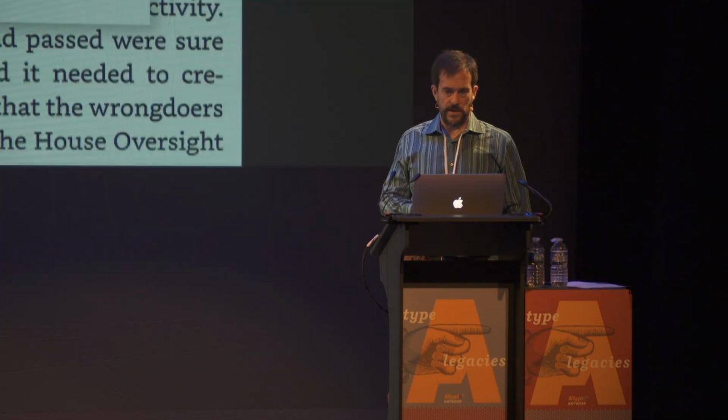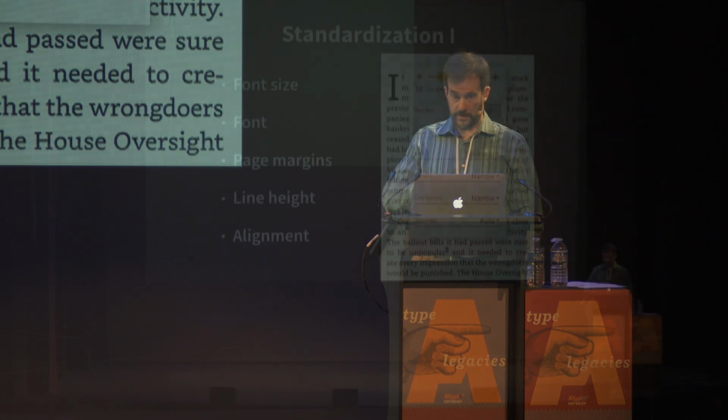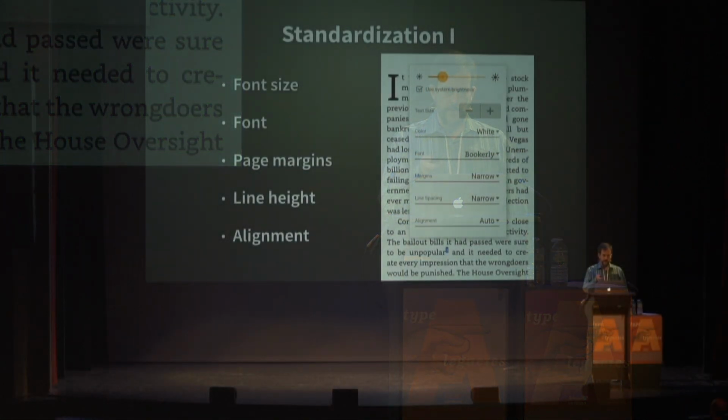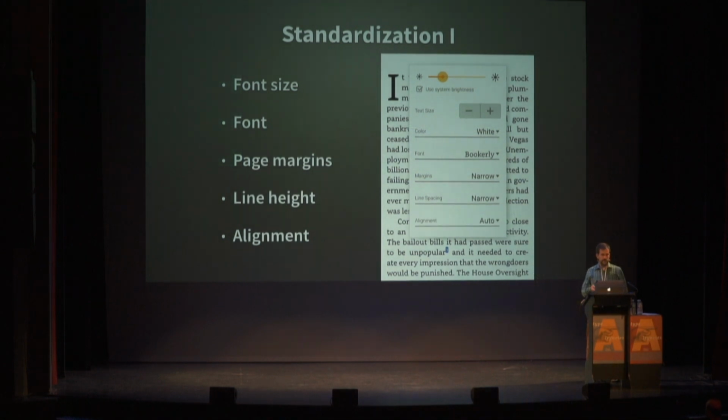The reason for that is, here's the control panel from, I think, my Android phone. The font, the margins, the font size, the line spacing, and the alignment are actually controlled by the reader. The power is given to the reader to control a lot of those things. So although you can say you want a paragraph to be center aligned, and we will respect that, if you say you want a paragraph to be justified, we actually allow the reader to override that if they want.